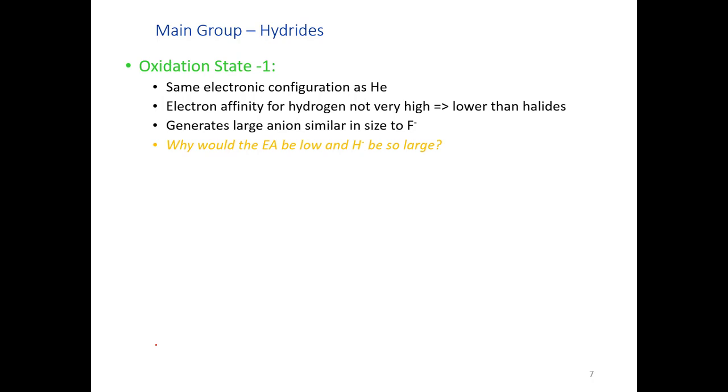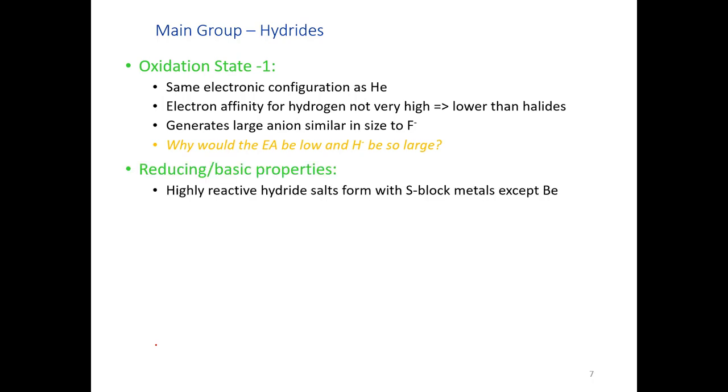It's 2 to 1. All other anions have much smaller ratios, so the valence electrons experience a larger effective nuclear charge. With only 1 proton to 2 electrons in hydride anions, that's why they're so large, and that's also why they're so polarizable. As such, they are often considered soft Lewis bases.